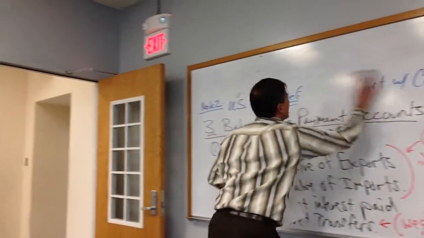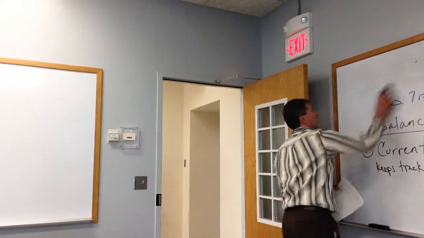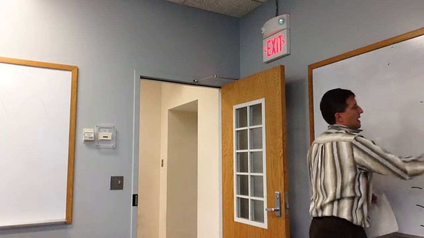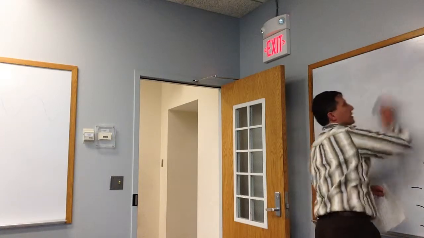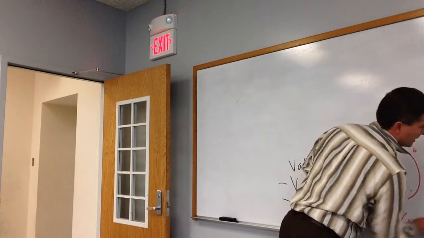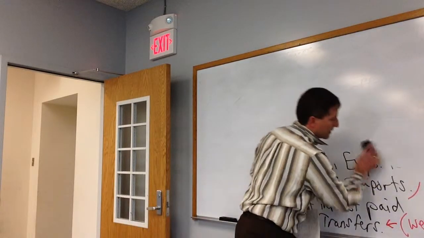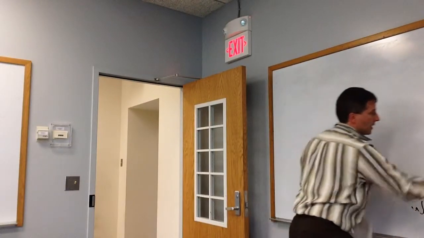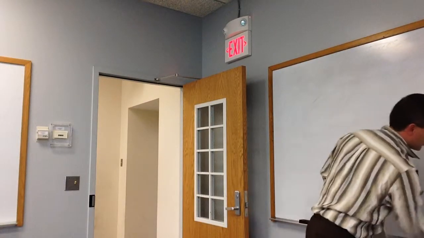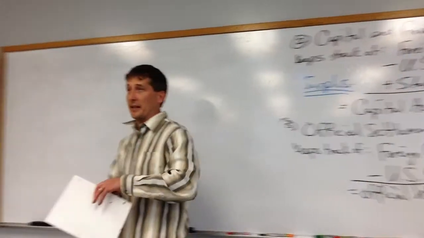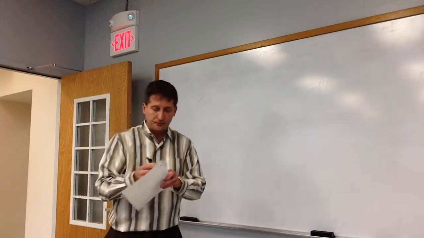All right, so I alluded to it earlier. Countries can choose how they want their currency to be traded. Do they want to let the market determine their exchange rate through the supply and demand forces that we've already explored? Or do they want to manipulate the market so that their exchange rate stays constant?